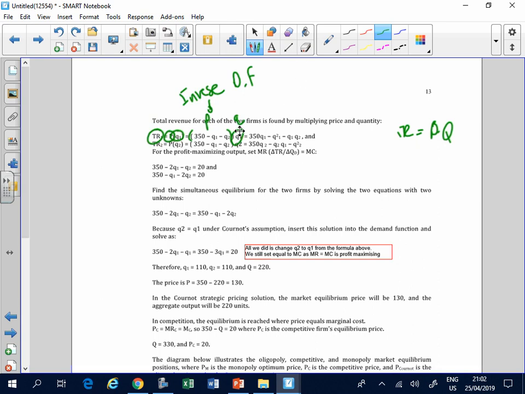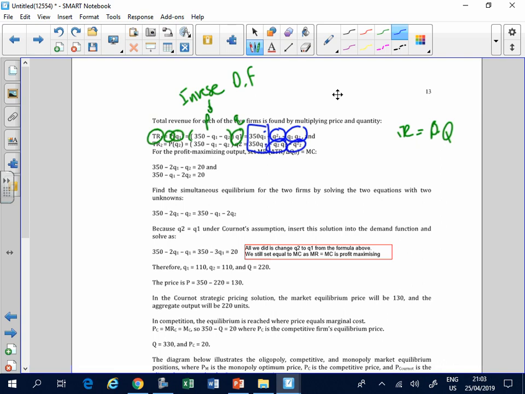Now, when you multiply this out, what you'll see, the 350 stays the same, except for firm 1 and firm 2. Each of them have their own quantities, Q1, Q2. But in your mind, it doesn't matter what you call that, because it's the same number. You're splitting the output equally. Now, the back of that, you get Q1 squared minus Q1 Q2, or minus Q2 Q1, Q2 squared.